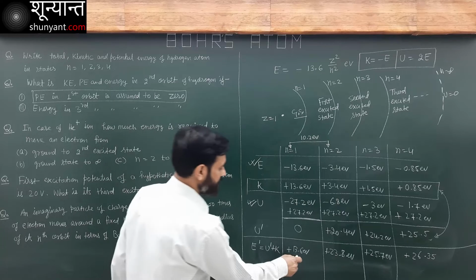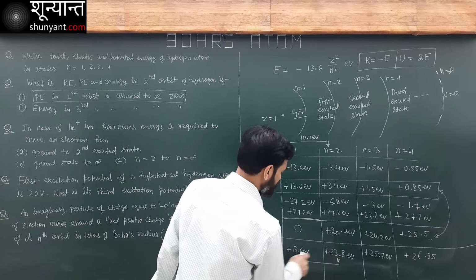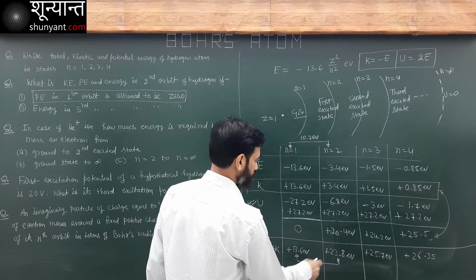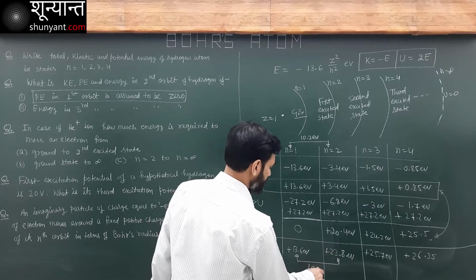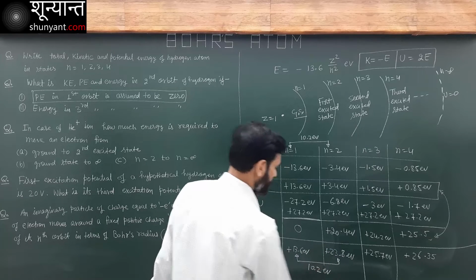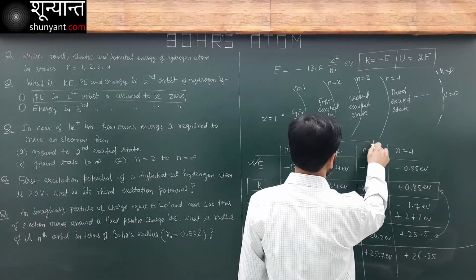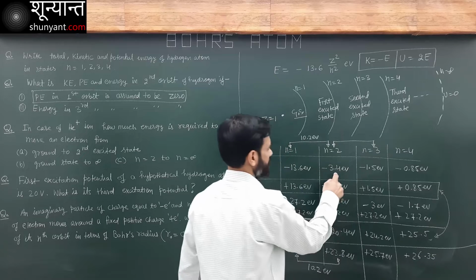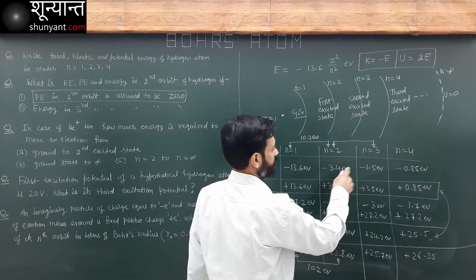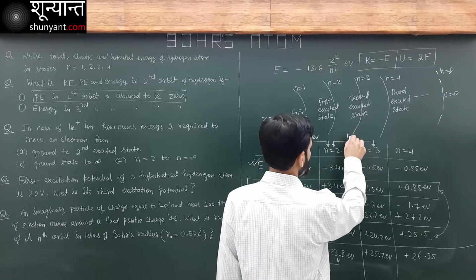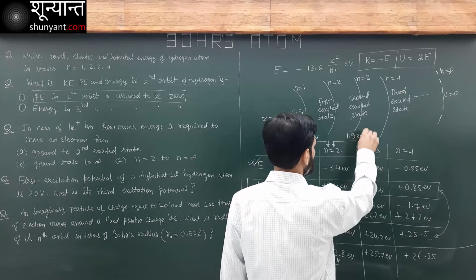And what is the difference here? Difference between these two. Here also you should get the same answer, 10.2 electron volt. Now look at the difference between 2 and 3. Is it minus 1.9 or 1.9 electron volt? 1.9 electron volt.